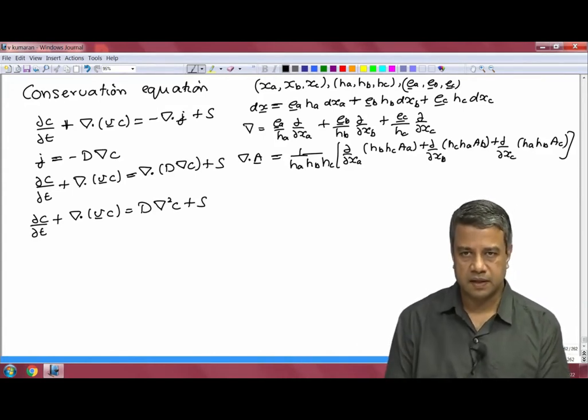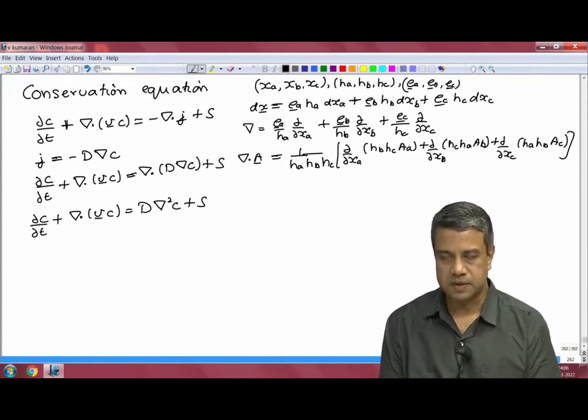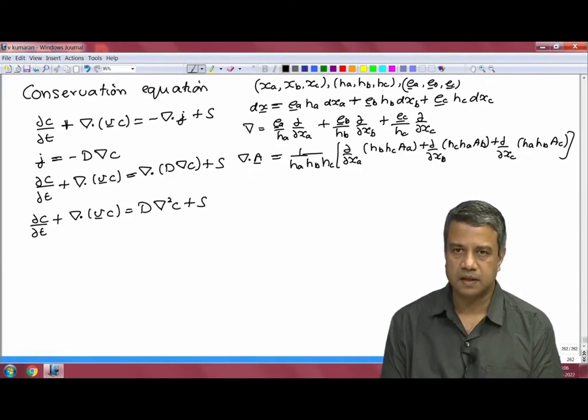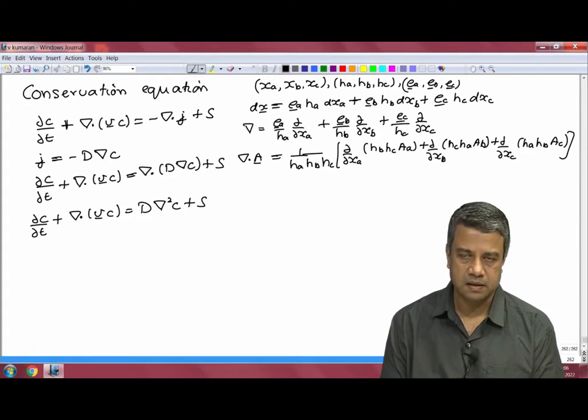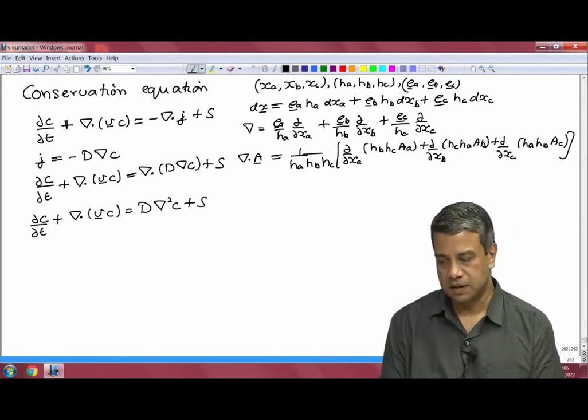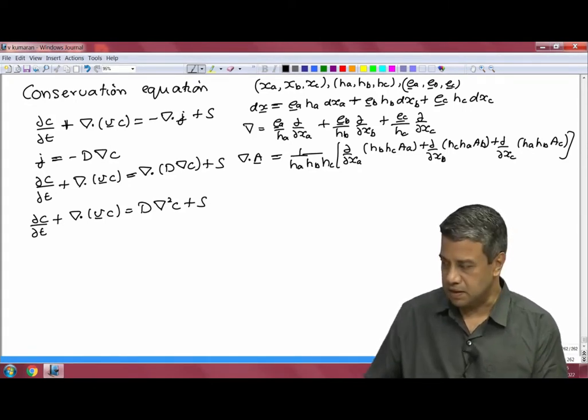This came out of the fact that the divergence was defined as the total flux leaving a surface divided by the volume. The surface area has these factors h_a, h_b in it.